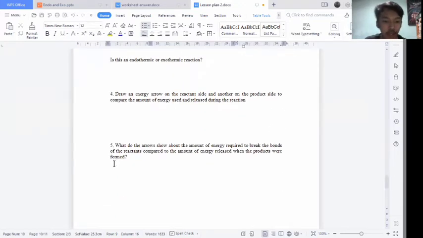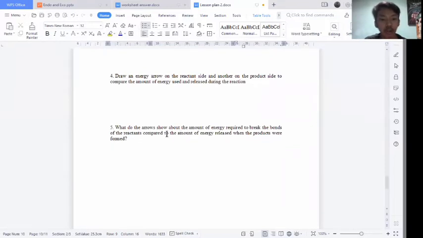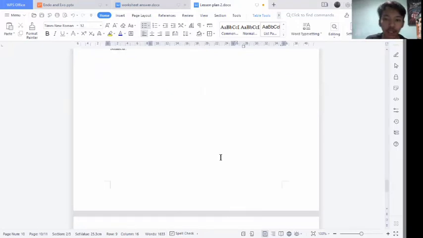And the last one is: what do the arrows show about the amount of energy required to break the bonds of the reactants compared to the amount of energy released when the products were formed? Okay, that's all.